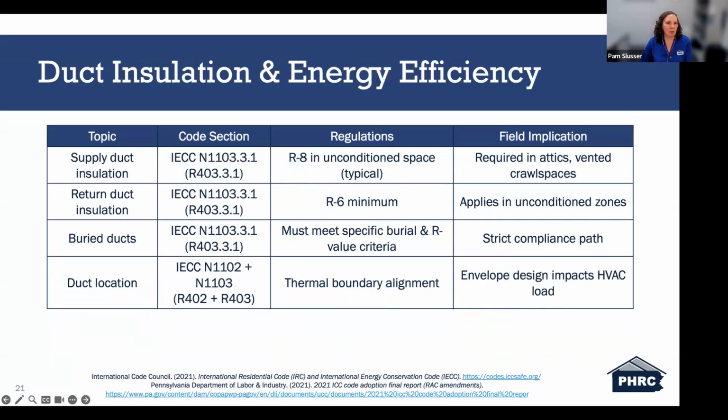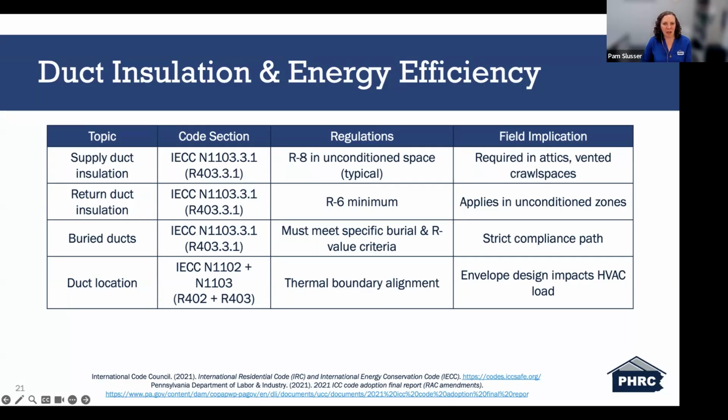Continuing with the reference table that I created, this section addresses how insulation and duct location impact overall energy efficiency. Specific R-values and requirements are here for reference, but the bigger picture is understanding that ducts outside the thermal envelope introduce energy loss.